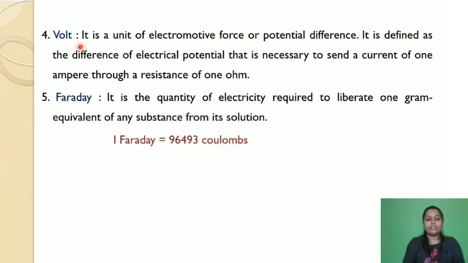Then the next unit is the Faraday. It is the quantity of electricity required to liberate 1 gram equivalent of any substance from its solution. Coulomb is also a unit of electricity, and Faraday is also a unit of electricity. So 1 Faraday is equal to 96,493 coulombs.